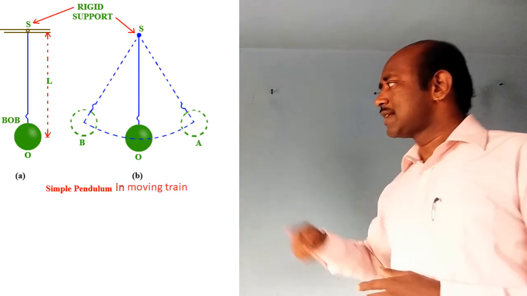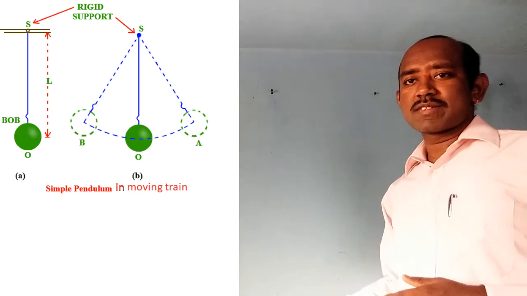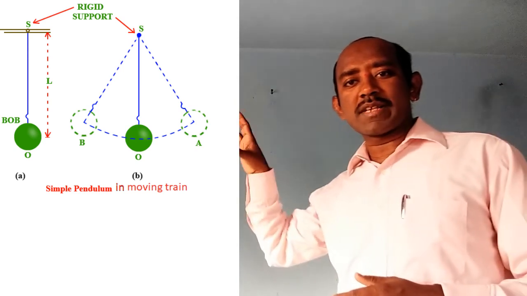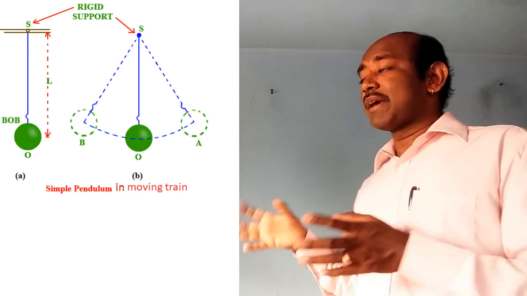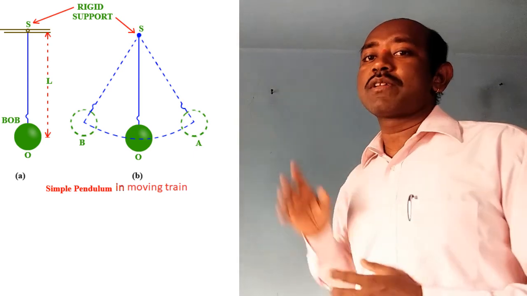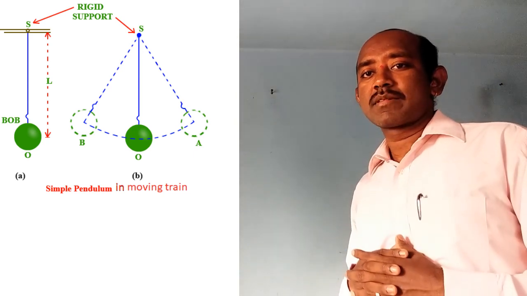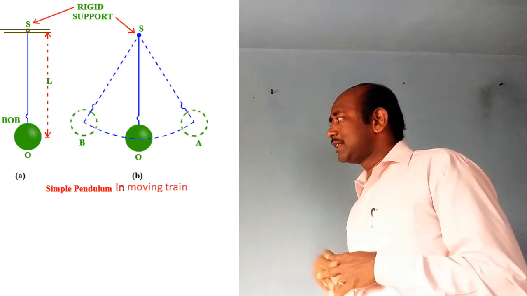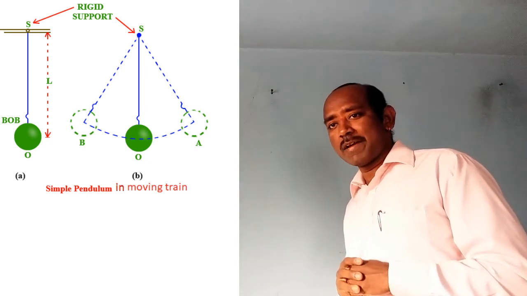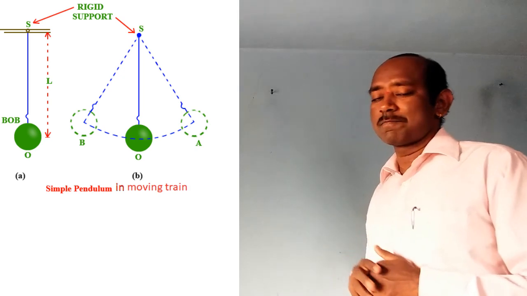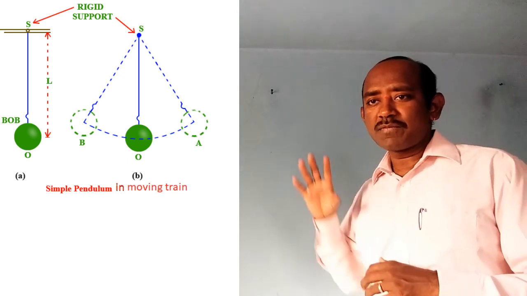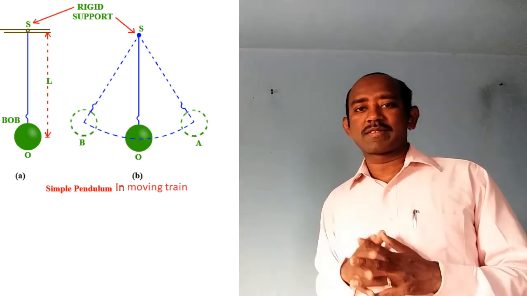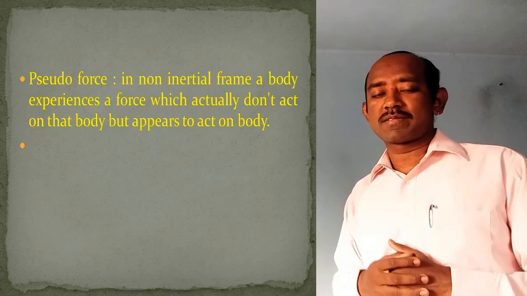There is no actual force; it does not really exist, but it appears to exist in the non-inertial frame. Then how to give the equation for this? That is F is equal to ma only, but with a negative sign. That force is called pseudo force or fictitious force.